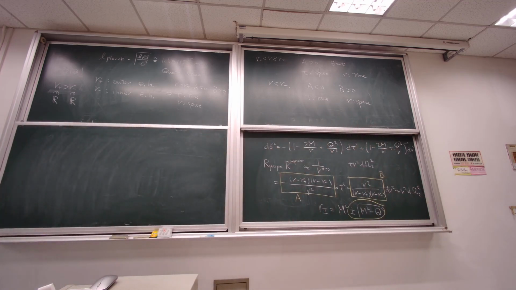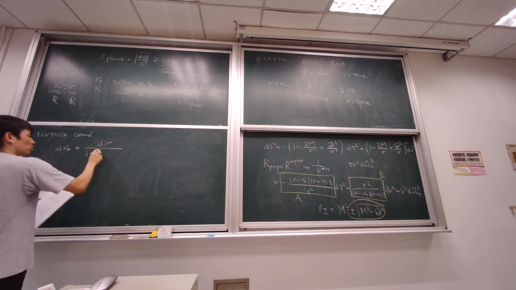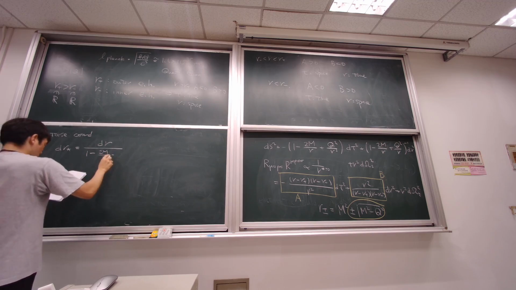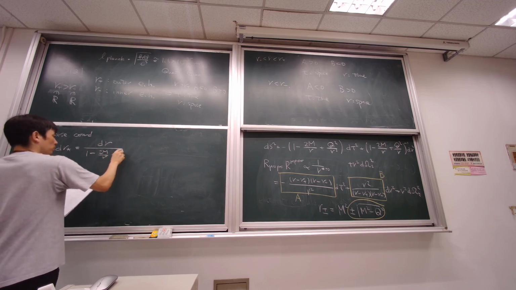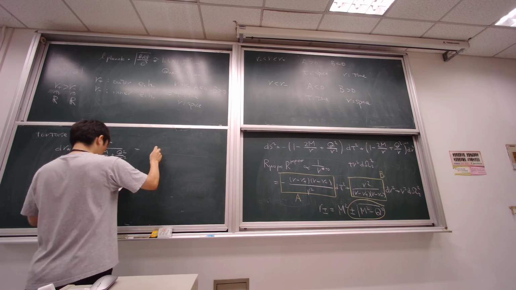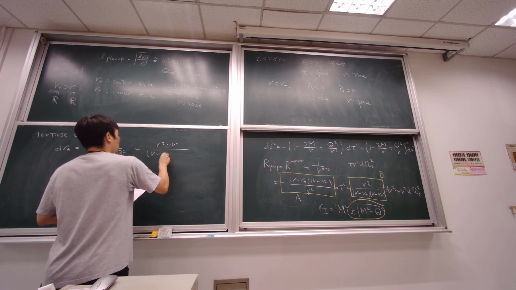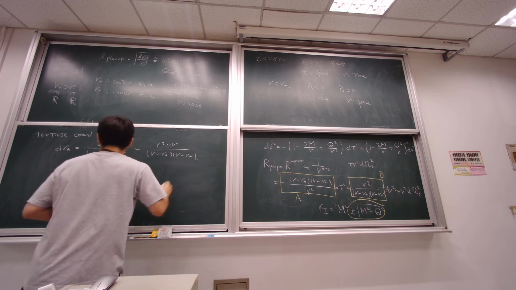So again, the tortoise coordinate: r star is equal to the integral of dr divided by 2m over r plus q squared over r squared.